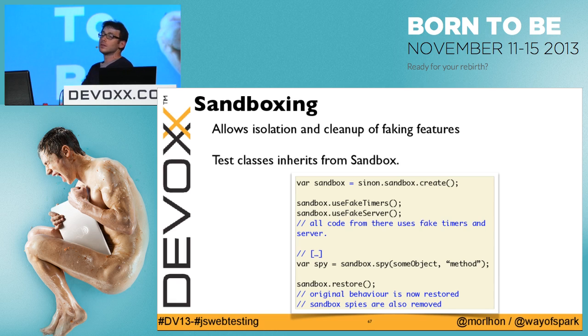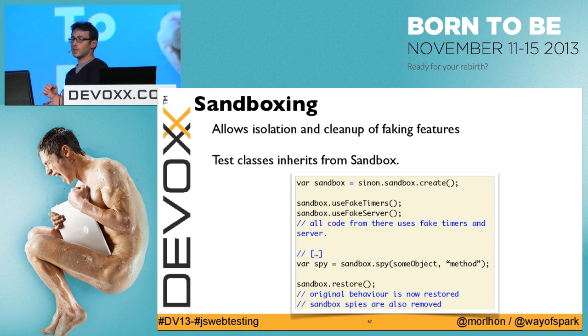Sandboxing. Sinon allows isolation with a sandbox to protect the application from the faking features. For example, when you choose to use fake timers or a fake server, you have to restore the original features after the test, because otherwise all your application or all your other tests will be mocked, and this is not the expected behavior.